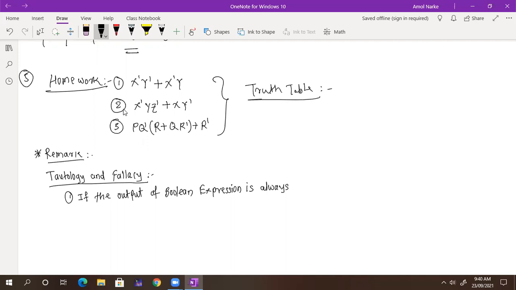Positive, or true. True, or sometimes it is 1. Then that Boolean expression is tautology.